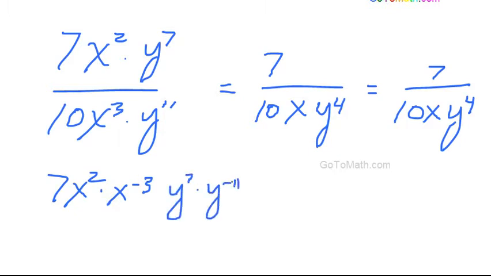So remember, we brought this up into the numerator, and the exponent becomes the opposite sign. So if it's positive here, we bring it up, it then is negative, and we add the exponents. So you end up with 7x to the negative 1, and then y to the negative 4. Right? Negative 4.